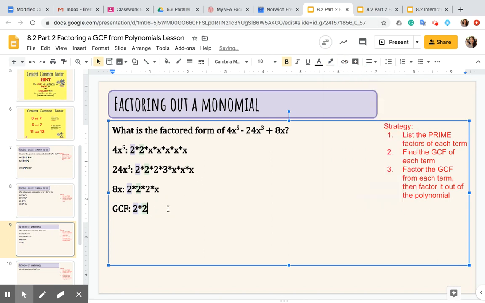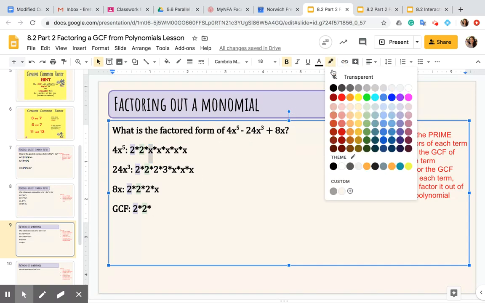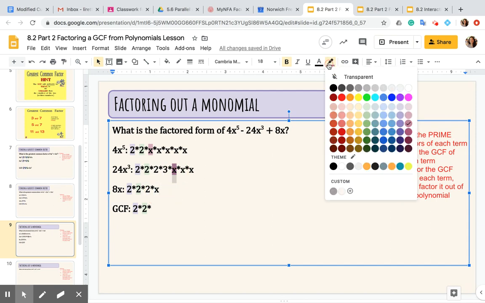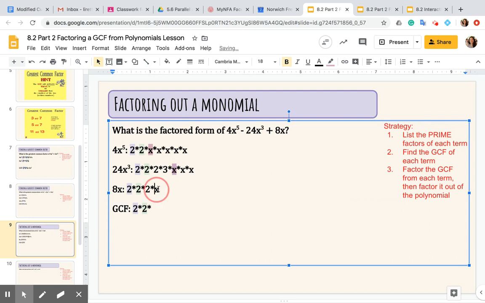Now let's see how many x's I can take out. So now I'm going to have to multiply with some x's here. I have 1 here, I have 1 here, and I have 1. I just want it to be color-coded so we can really see.